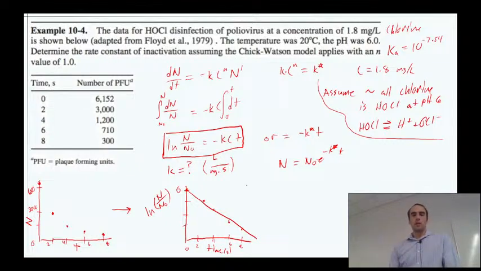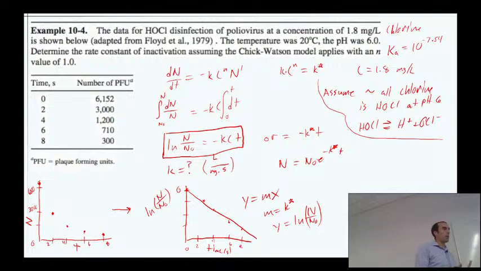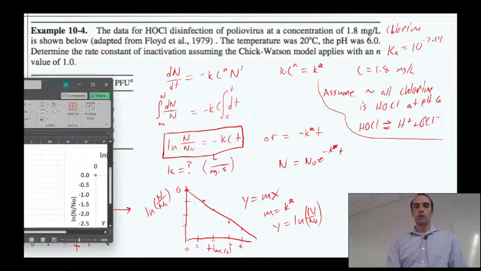So we'll say y equals mx, where m is our k star, and x is time. And in this case, y is the natural log of N over N naught. So in that way, we can plot it, find the line of best fit, and ultimately derive our equation.